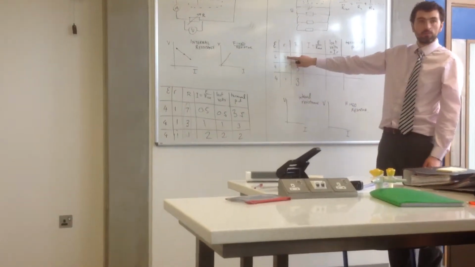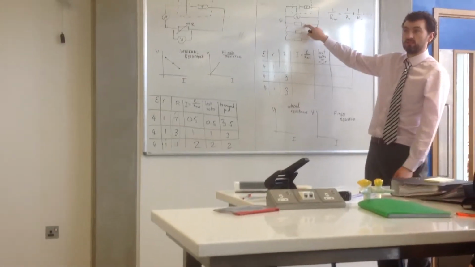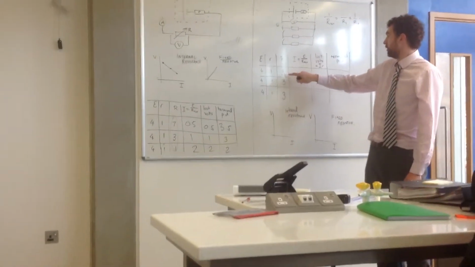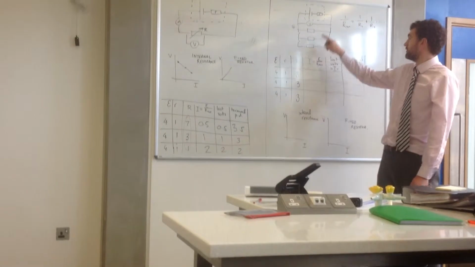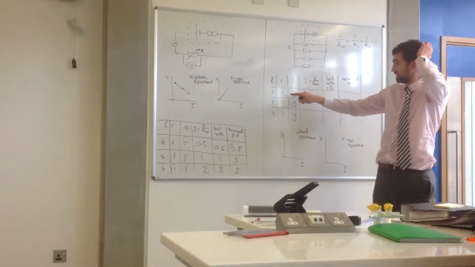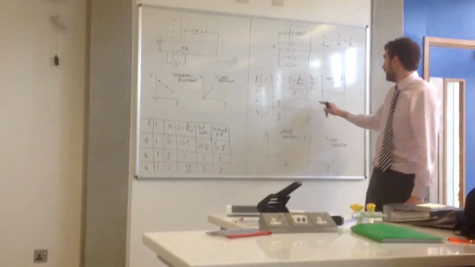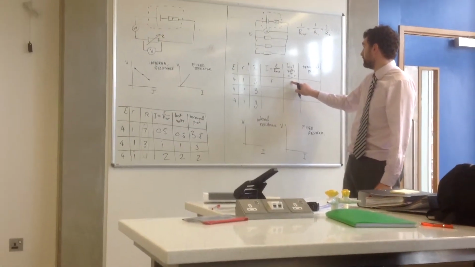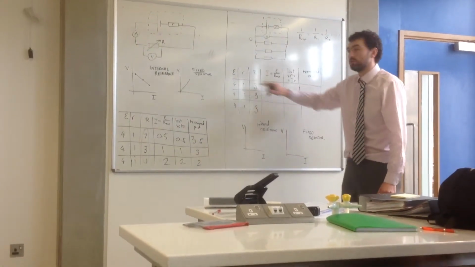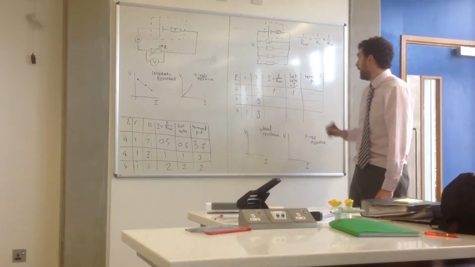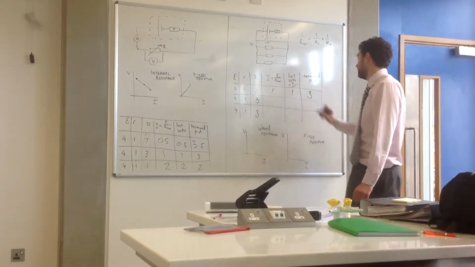My internal resistance is 1. I've set each resistor to be 3 ohms. So the total resistance is 4, so the current is going to be 1 amp. And then my lost volts is going to be my current times my internal resistance, which is 1. And my terminal PD then should be 3.